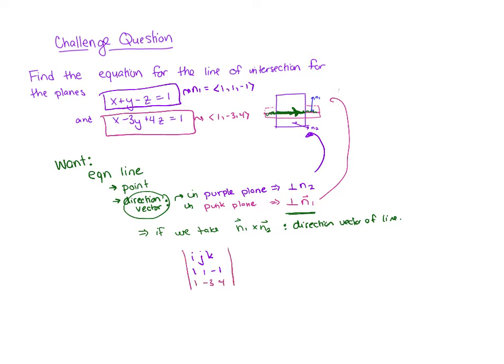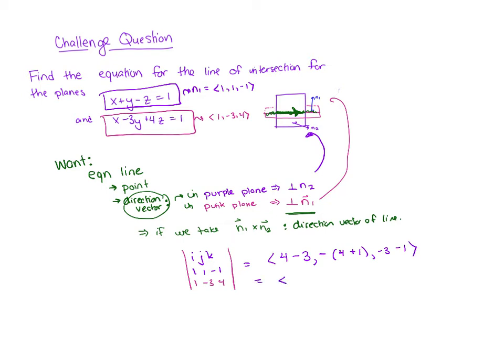If I take that cross product, I get the i component is 4 minus negative 3 times negative 1, which is just 1. The j is always negative, so that's going to be 4 minus negative 1. And then the k is negative 3 minus 1.